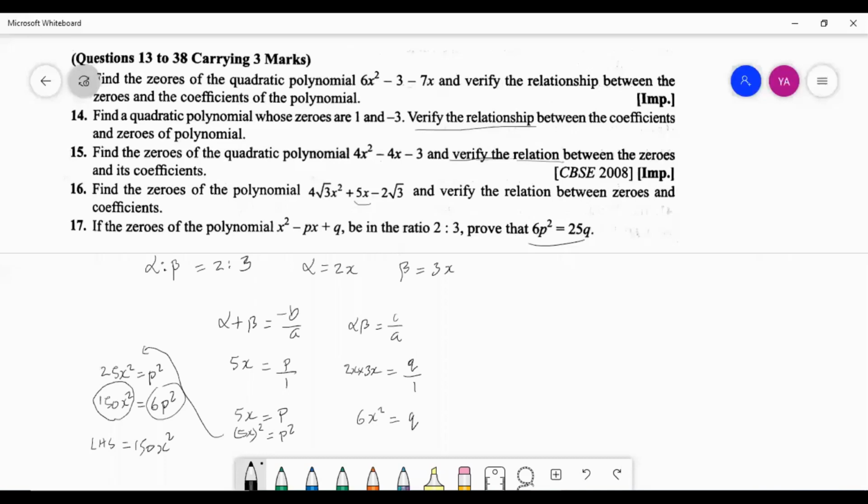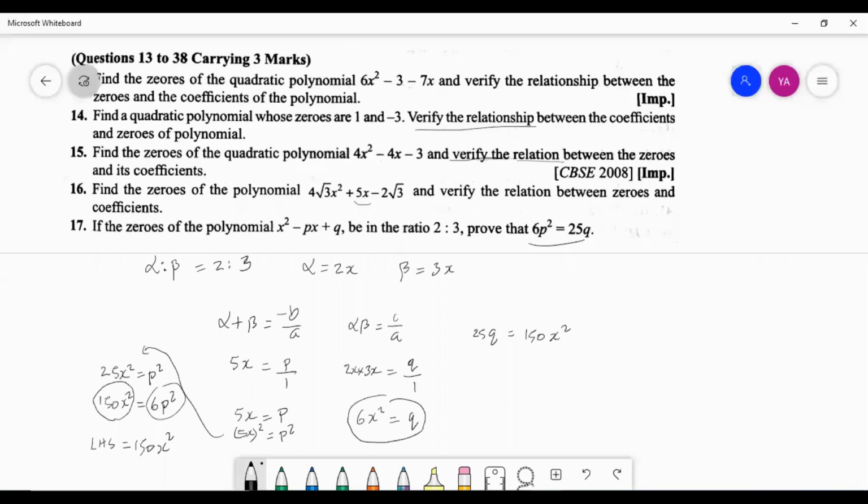And from this equation we can form the RHS. 6x square is equal to q. We need 25q. What will 25q be? 25 into 6x square, that is 150x square.